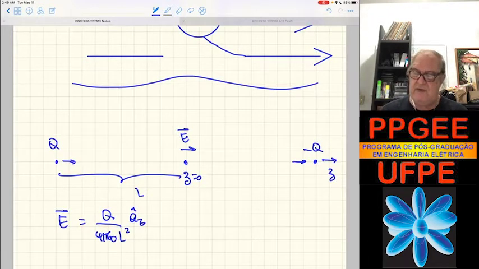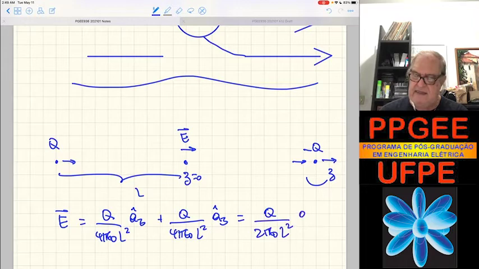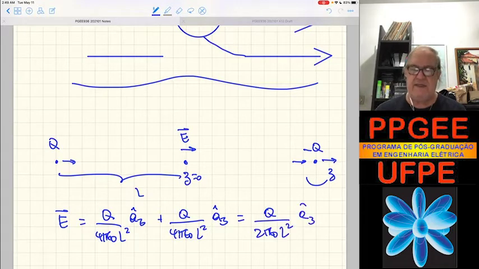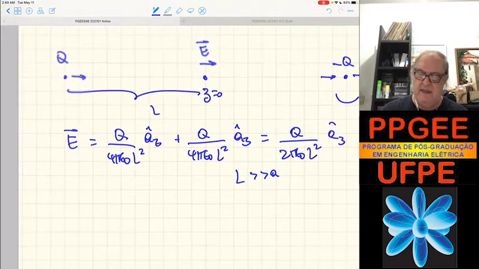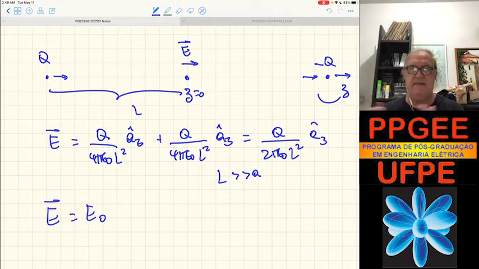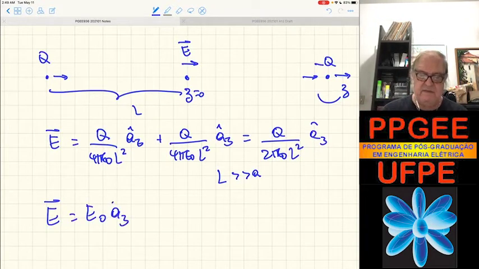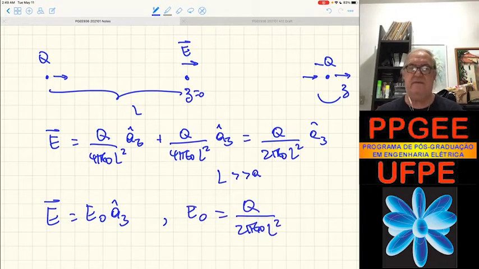And the other field, due to the other charge, is also the same thing: Q over 4 pi epsilon 0 L squared AZ, which gives Q over 2 pi epsilon 0 L squared AZ. Let's consider L much larger than the radius of the sphere. That's the approximation. So the field is given by E0, a constant field in the absence of the sphere, with E0 known, which is Q over 2 pi epsilon 0 L squared.